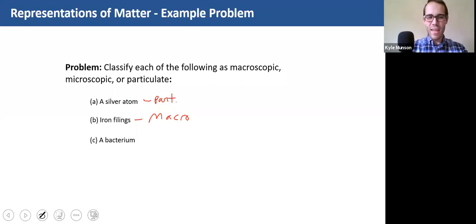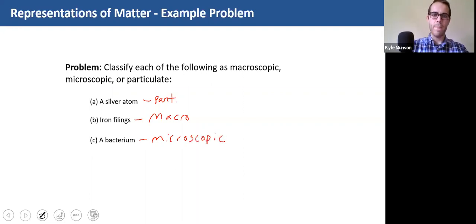So what about a bacterium? Well, if you looked at the chart just a slide back, you see that a bacterium can't be seen with the naked eye. And I think we know that from common experience. So I can see a bacterium with a microscope though. So bacterium would be microscopic.